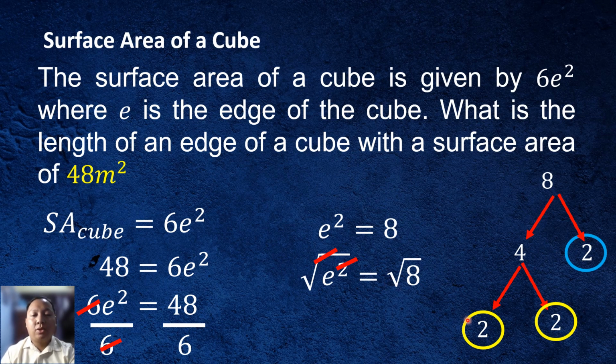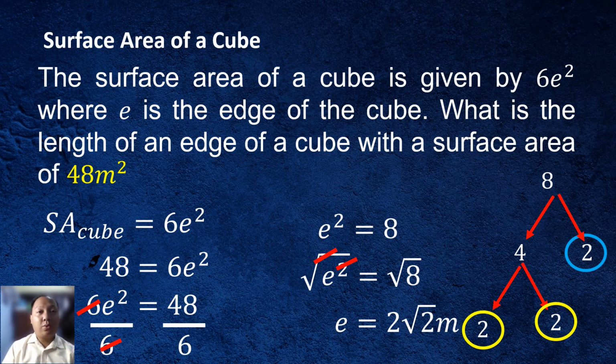So kung napapansin niyo, may kapartner na yung 2, pero may isang 2 na walang kapartner. So therefore, our answer is e is equal to 2 square root of 2 meters. Again, mayroong isang 2 sa labas na may partner at isang 2 sa loob na walang partner.